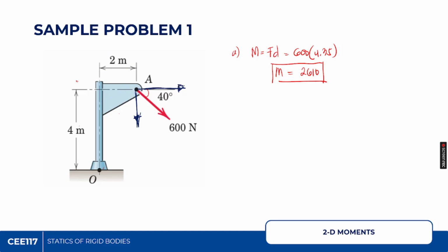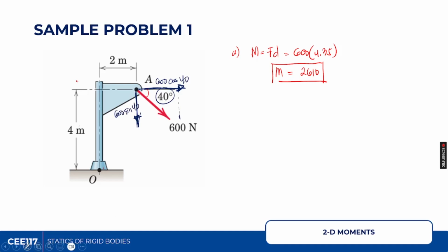And for this one, we have a perpendicular going to point O that is equal to 4. So we can easily solve for the moment. If this is 40, this adjacent side is 600 cosine 40. Translating it here, the opposite of 40 is 600 sine 40.